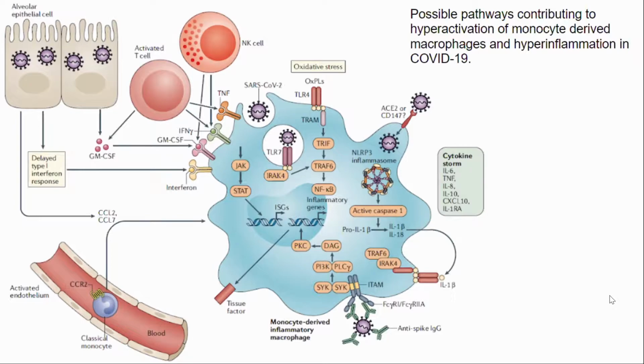The interleukin 1 beta can activate toll-like receptor 4 also, and the engagement of the Fc gamma receptor by the anti-spike protein IgG immune complex can increase the inflammatory activation. All these mechanisms can activate the monocyte-derived macrophage and lead to the cytokine storm release of a large amount of pro-inflammatory cytokines.